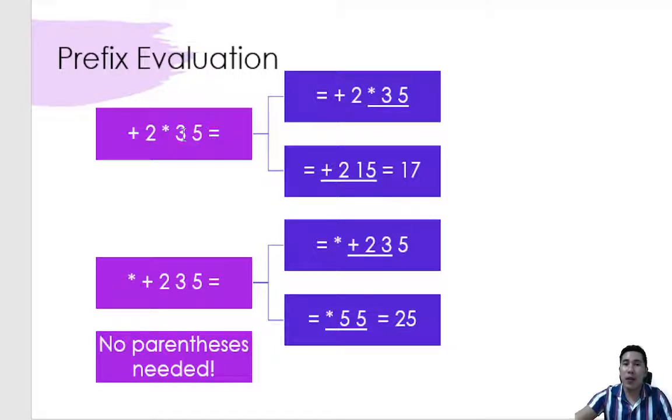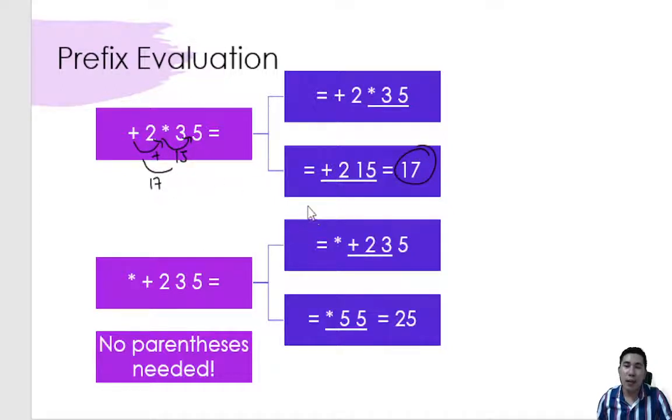When you are going to evaluate this one, the first thing that you need to do is take the operand and the operator, that is 3 times 5, which is 15, and then plus the next operand, which is 2. So you do 3 times 5, which is 15, and then plus 2, which is 17.